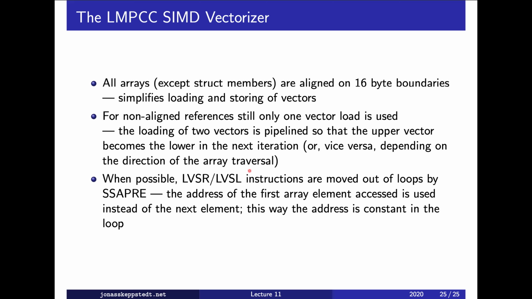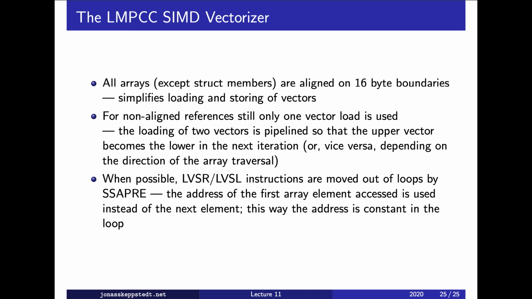Okay, and such instructions are moved out of loops, and to do that, it's important that the value produced by these instructions is the same, and to be able to move them out, it's important that the input to them also is the same.